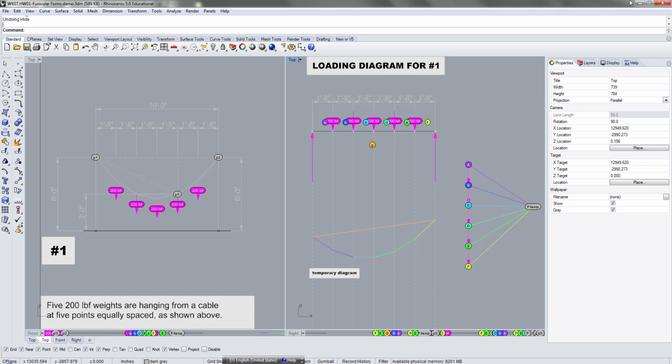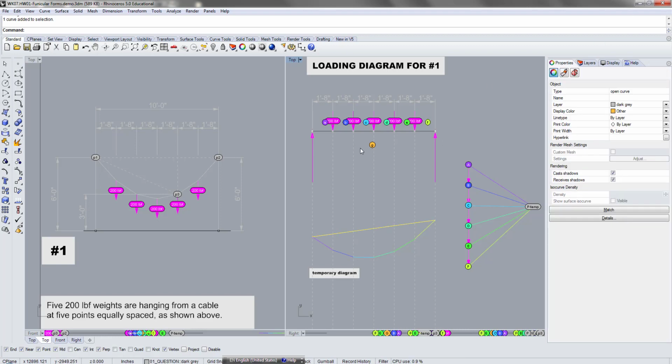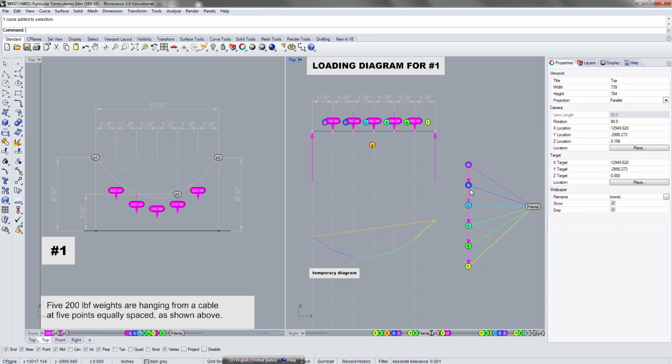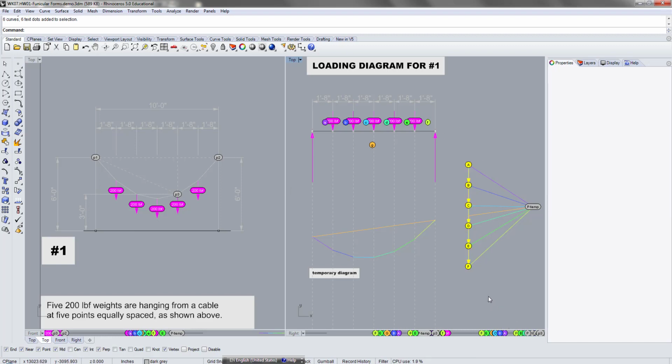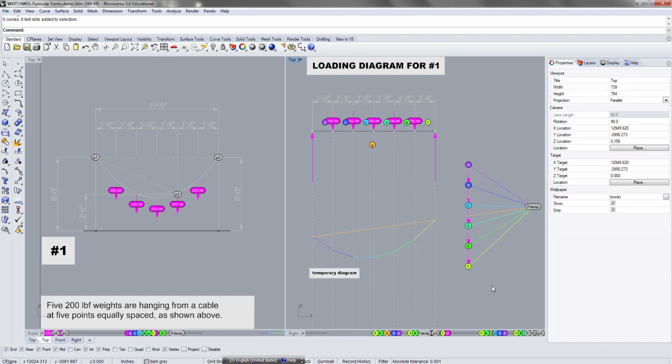So now this closing line, which corresponds to the zone G, would complete the force polygon, and now you transfer that closing line to point P, which is a temporary one, and the intersection between the vertical lines here and that diagonal line determines the location of point G, which then determines the magnitude of these two vertical reactions on the two sides. So that's the temporary force diagram and force polygon.